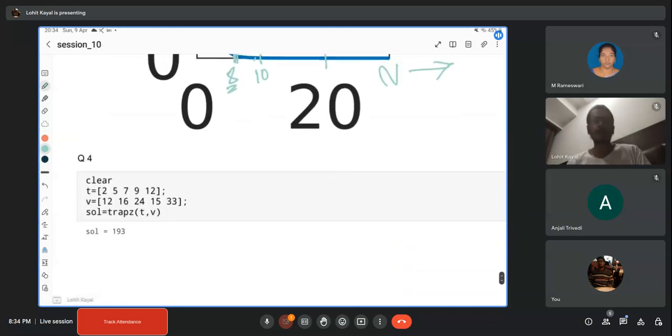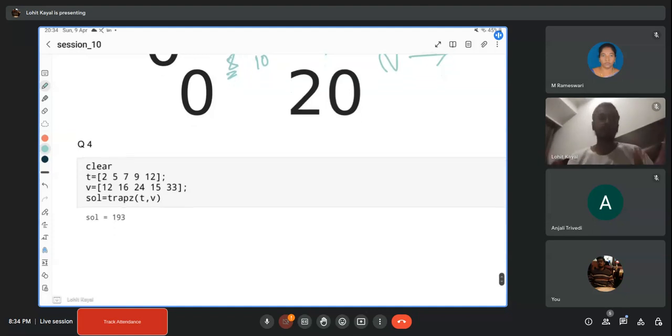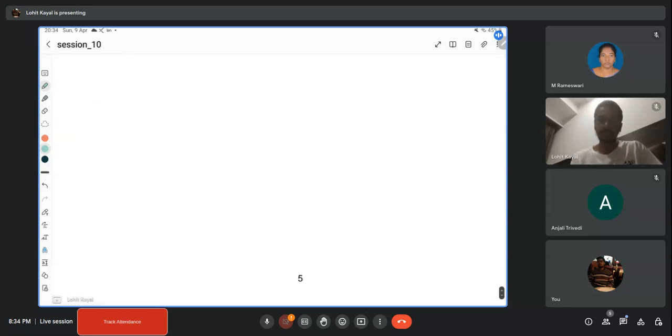Now MATLAB has some inbuilt commands for differentiation. In the first class I mentioned that using diff you can do symbolic differentiation. As I told you, I haven't done any code here using that, but I can mention it.